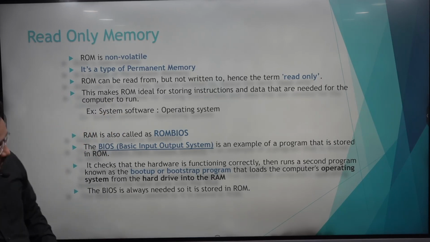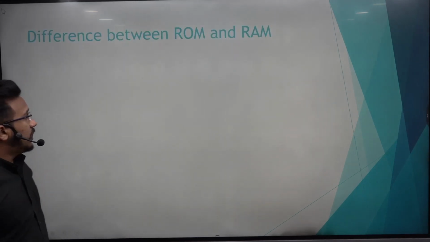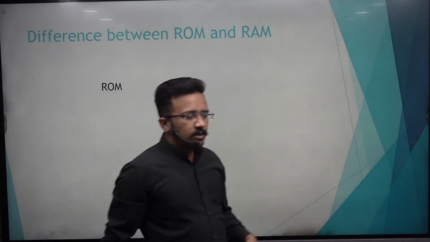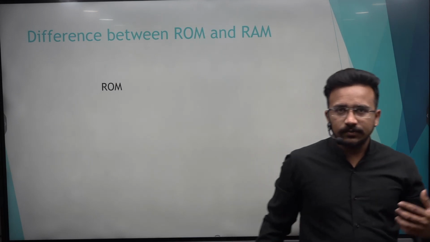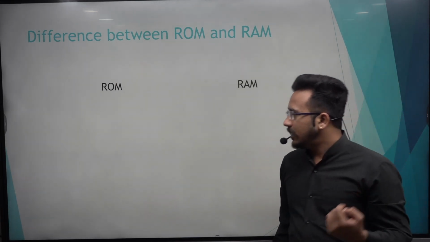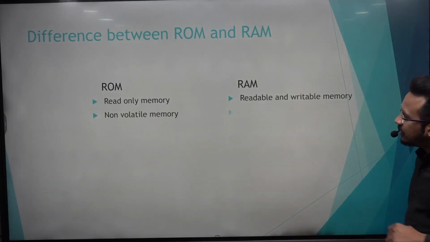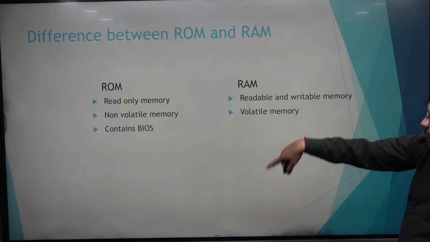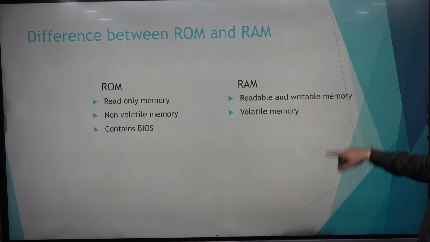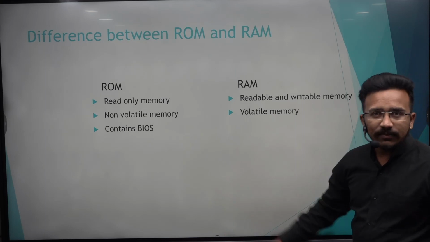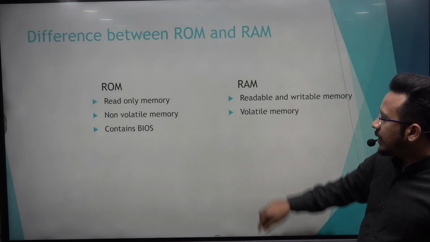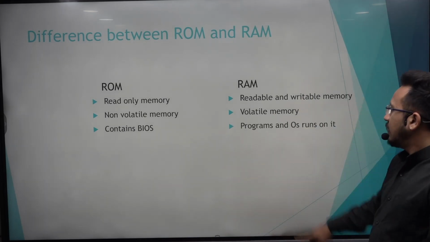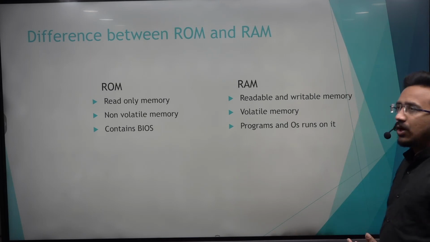Now, some of the differences between RAM and ROM. Already discussed, but let's keep it. ROM is read-only, non-volatile memory, while RAM is readable and writable, volatile memory. ROM contains the BIOS; RAM contains the programs and the OS which is running.